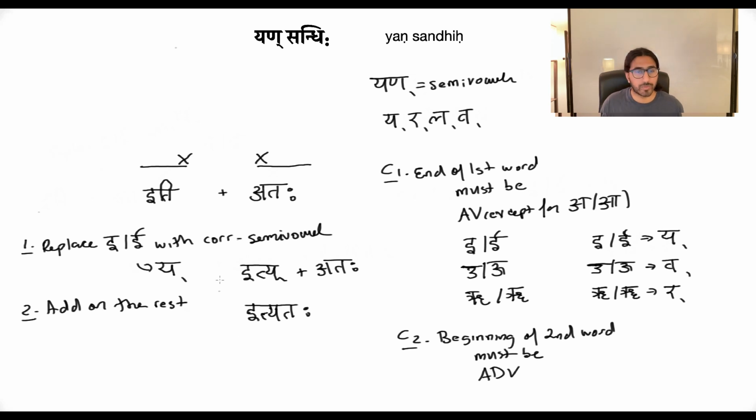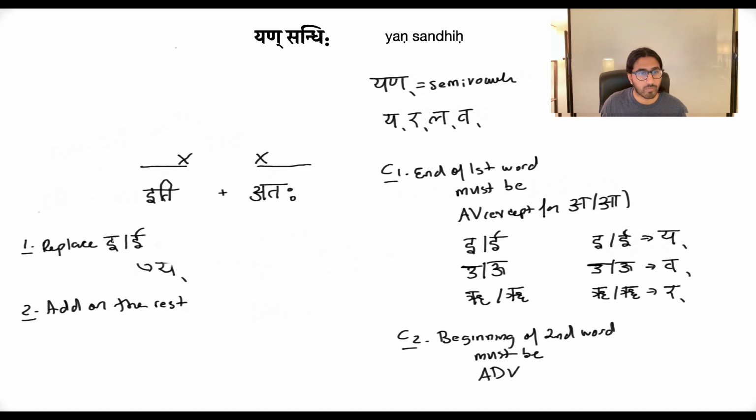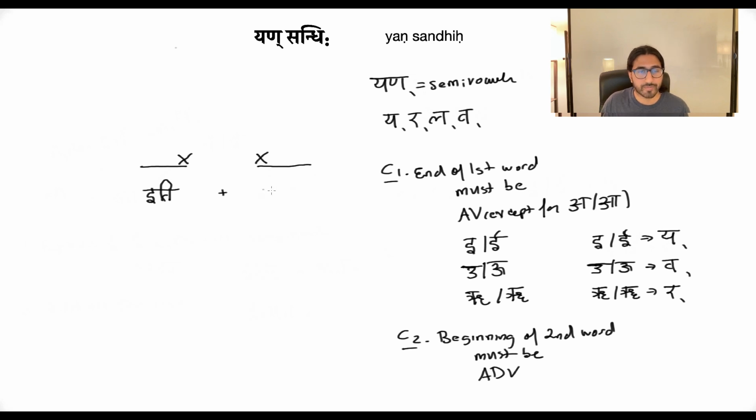We'll go over another example here. Let's say, for example, we use uktah. I'll write it like this, just to make it simple, but the conjunct consonant can be written like this.